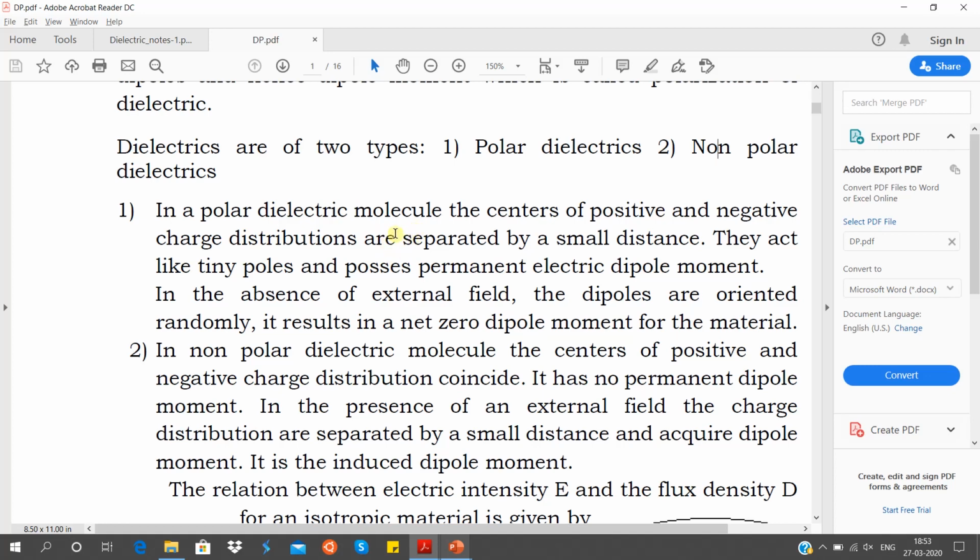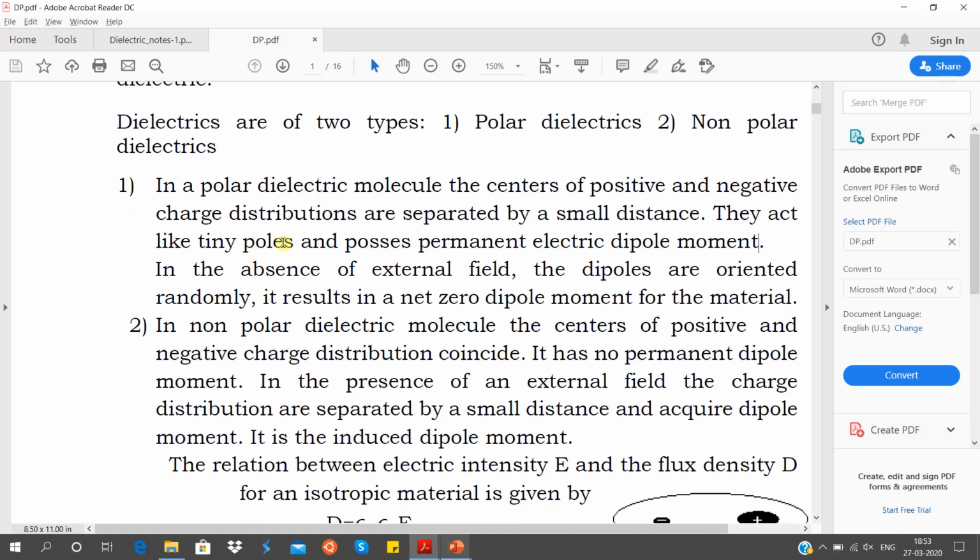So since the charges are already separated, you can say that they already have dipole moment, or in another term, they possess permanent electric dipole moment.